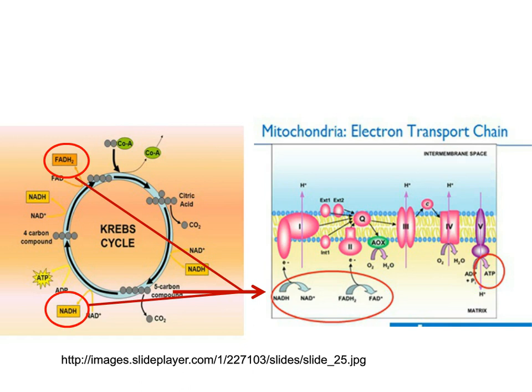If that occurs, then it's imperative to be able to supply some of the NADH directly to the electron transport chain to bypass those blockages.